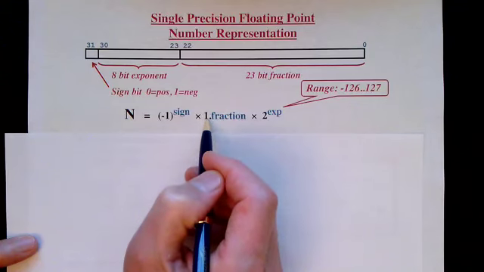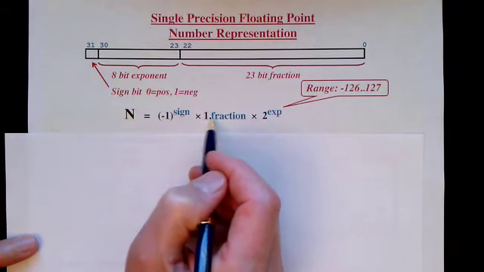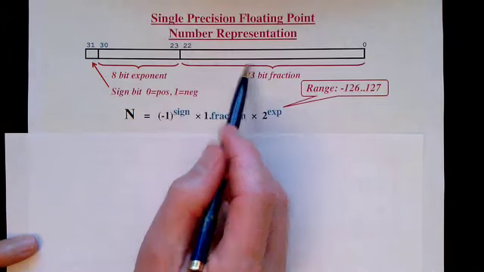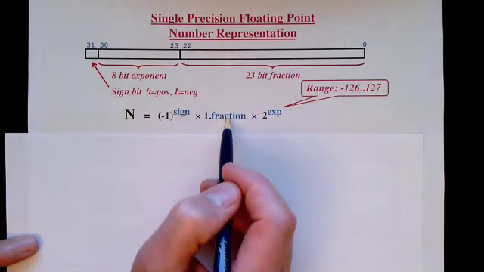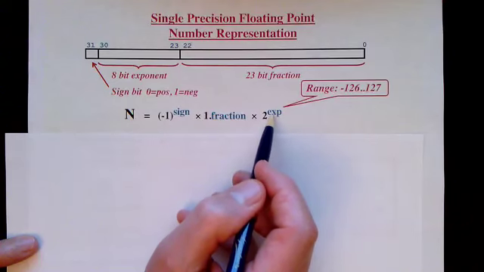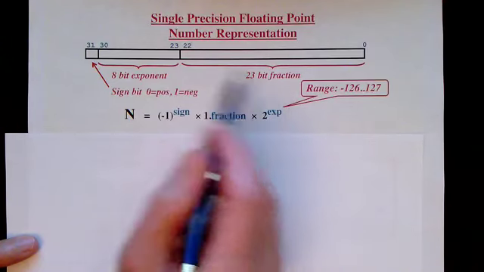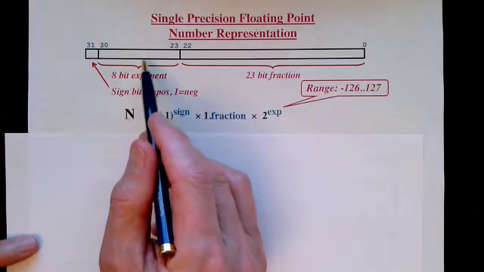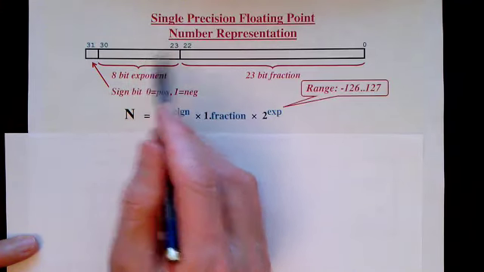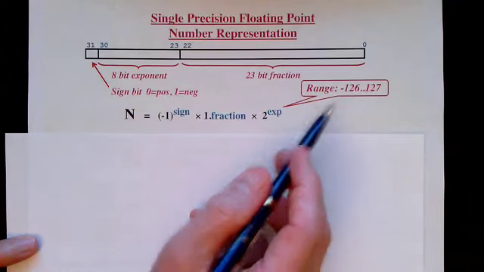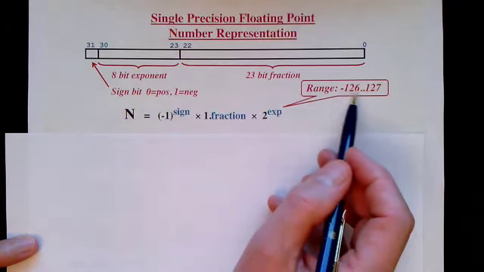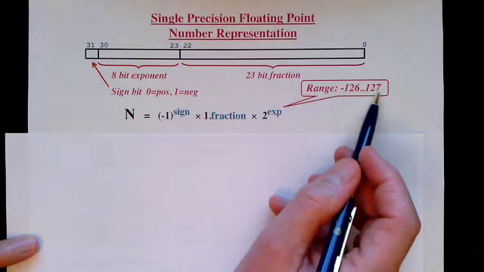The 1 is assumed. We don't have to represent it. These 23 bits then essentially go right here. And then we've got an exponent, so 2 to the something. Well, with this 8 bits, I'm going to talk a little bit more about how this is encoded, but basically we can have an exponent that's anywhere in the range of minus 126 to positive 127.